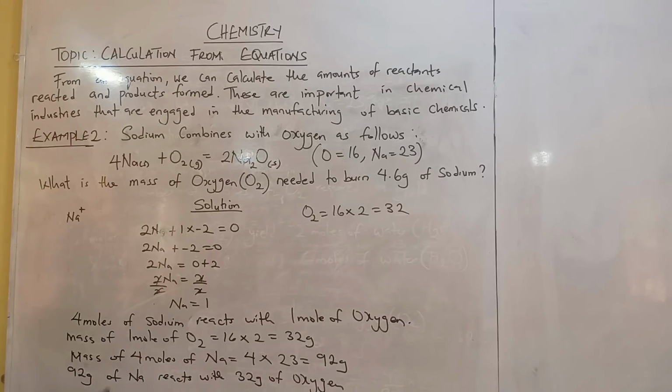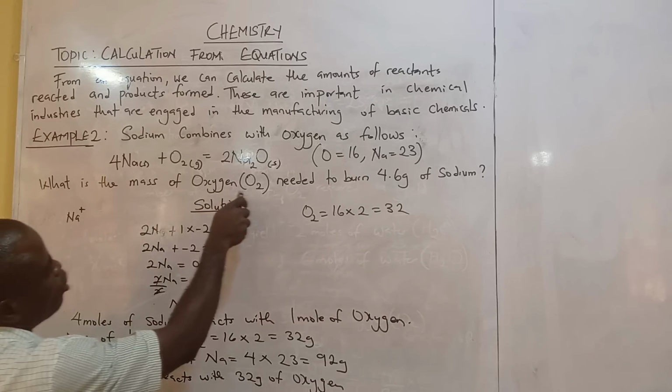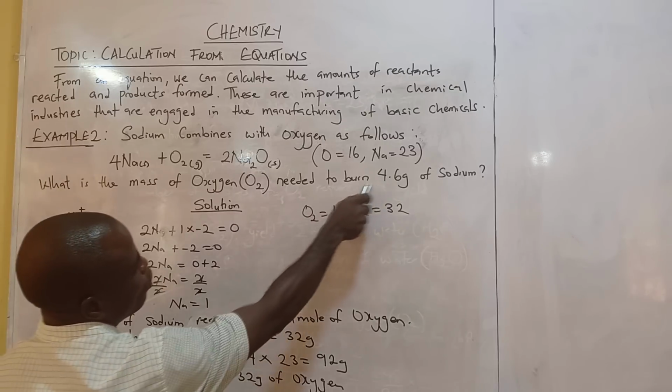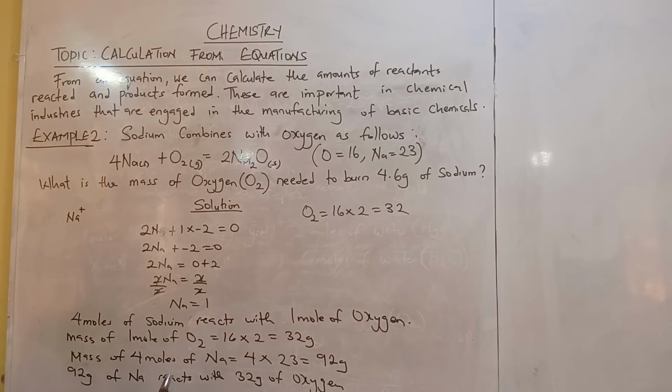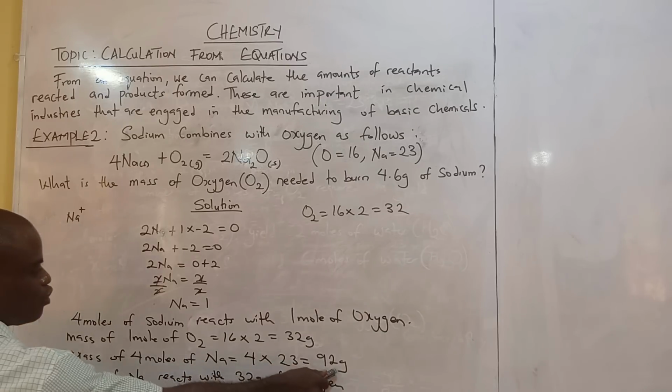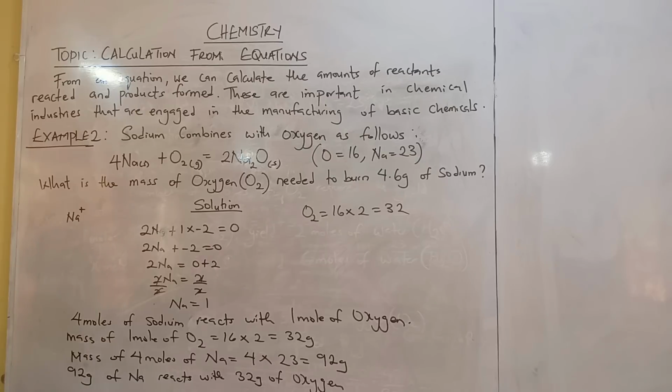Why do we write the mass of 4 moles of sodium? You have to look for what is the mass of oxygen needed to burn 4.6 gram of sodium. That's why we need to get the moles. After getting the moles, we multiply the moles with the mass. That's why you have 4 times 23 to give you 92 gram.